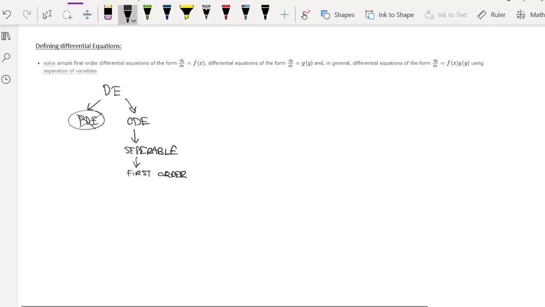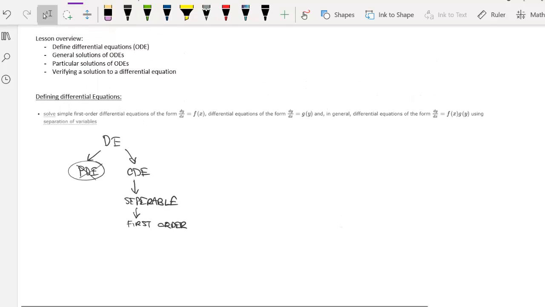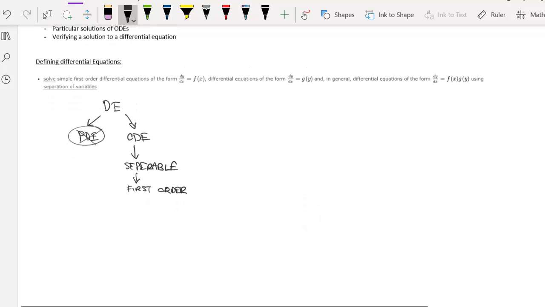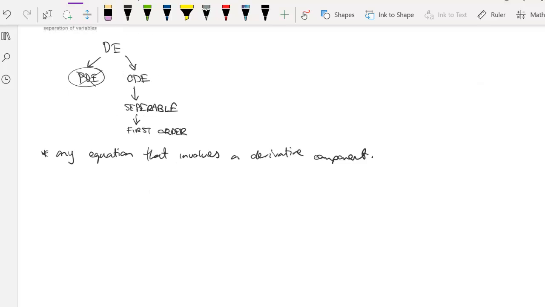Our major focus will be on general solutions and then particular solutions of ordinary differential equations. So that being for any differential. Now, I should define that differential. A differential is any equation that involves a derivative function as part of its makeup. So that can be any of the following. dy/dx = 2x.